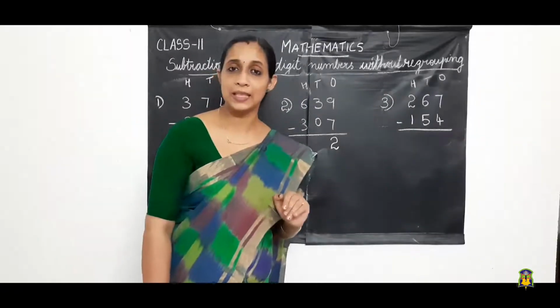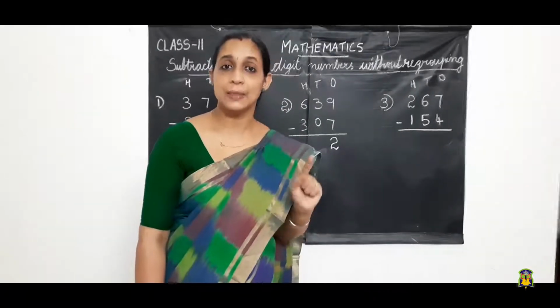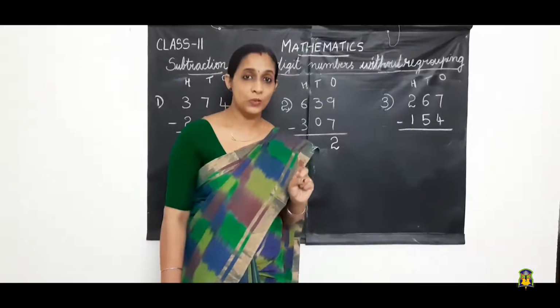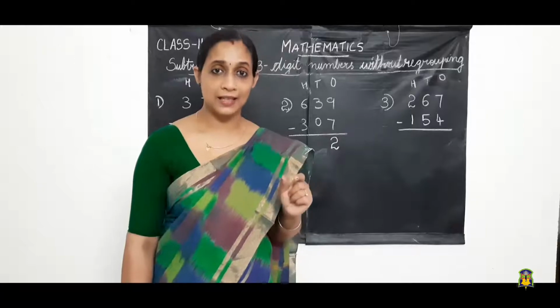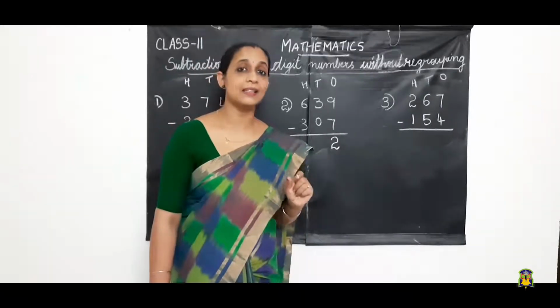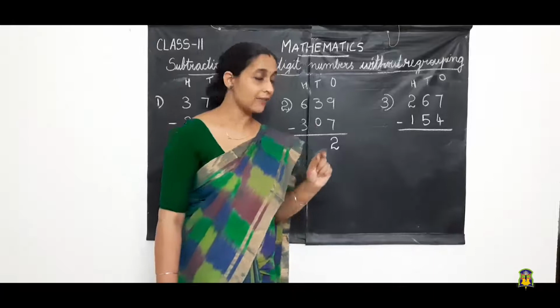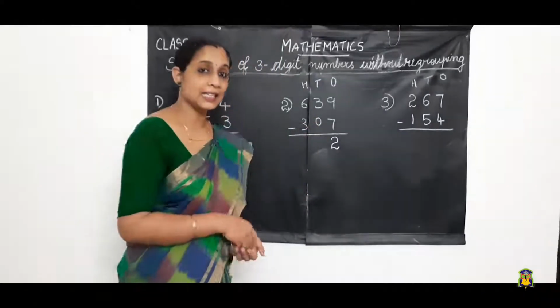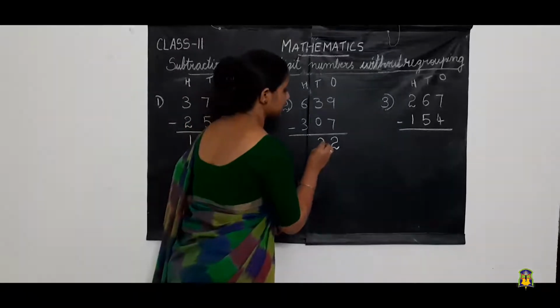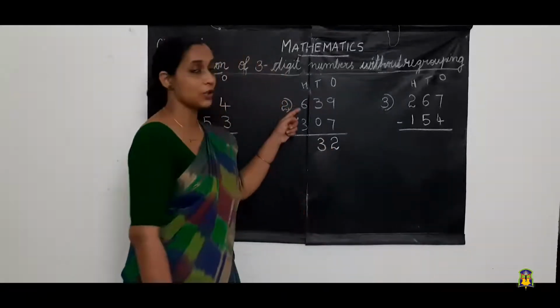Children, do you remember that property that we have learned? Subtracting by 0. What was that? When a number is subtracted by 0, we get the answer as the number itself. So here the number is 3. 3 minus 0 is 3 itself. Okay. Now, move on to the next place.